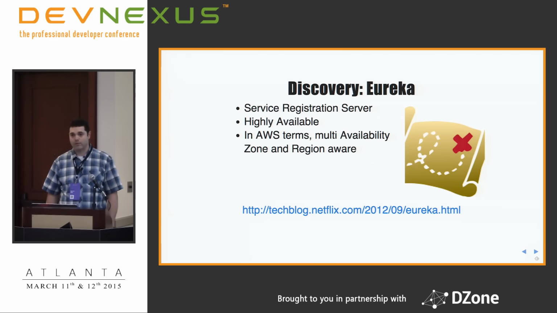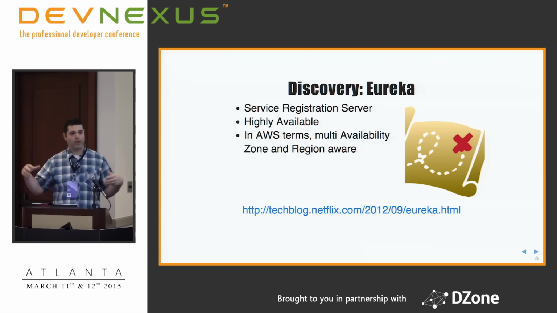But this is their service that you can register your services with, and it will keep track of what instances of each service are available, and then clients can ask Eureka, hey, I'd like the list of servers that this service has running. So that's basically what Eureka does.